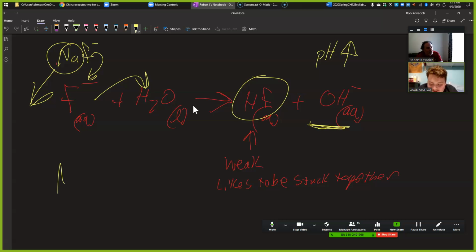So I put this salt, NaF, into water, and the pH goes up. So salts can affect pH. Think about that for next class, and then we'll talk about it some more.